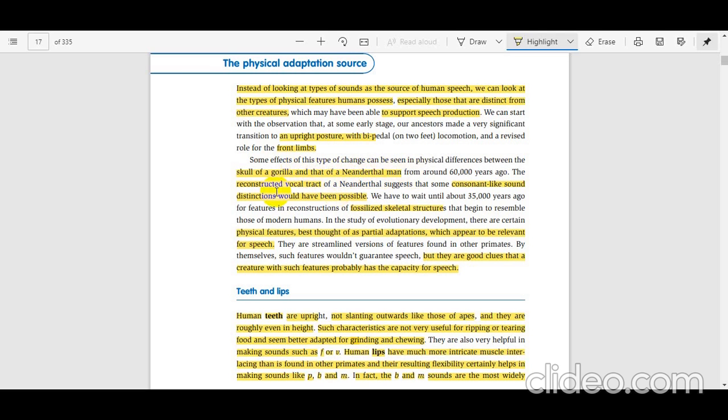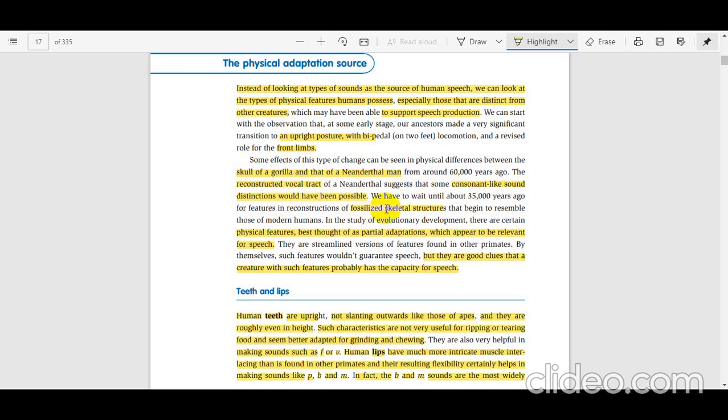Here we are also, after knowing some of these reconstructed vocal tracts of that man, which suggests that this man or that man was able to produce some consonant-like sounds that are distinct from those produced maybe by other types of species.